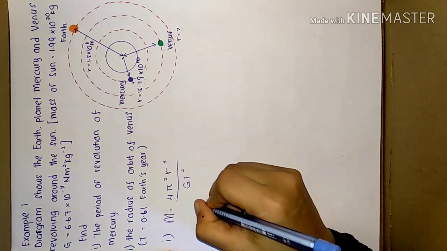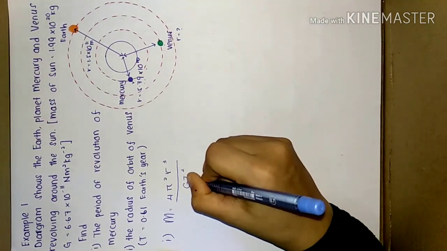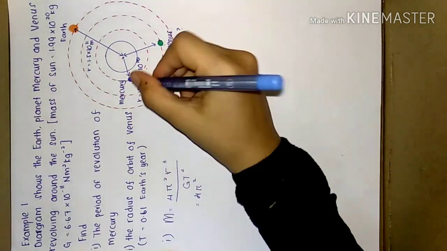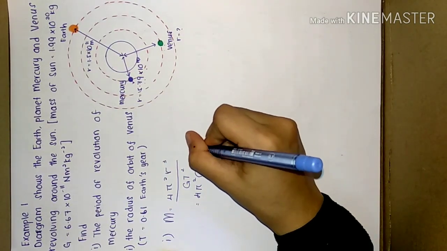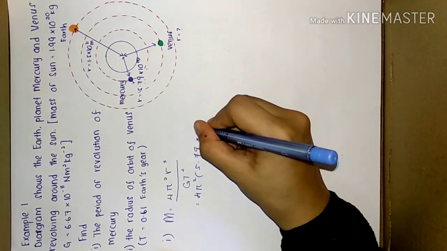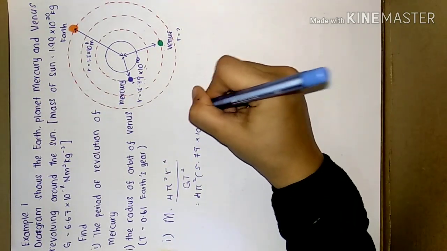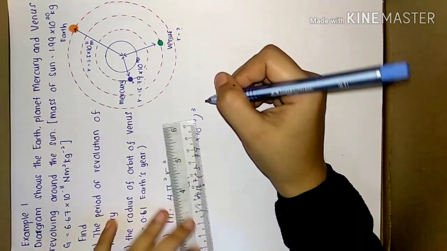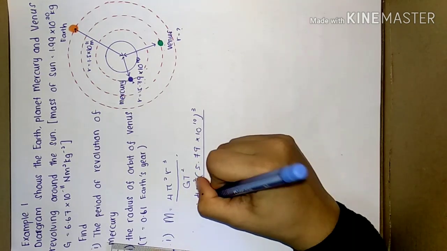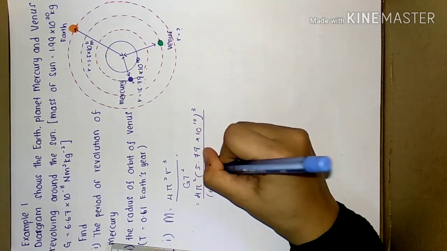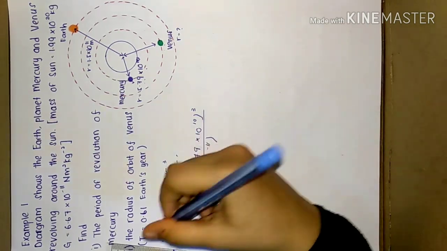We have 4 pi squared, and the radius is given here, 5.79 to the power of 10. Remember to put the power of 3 here. And G is the constant, which is 6.67 to the power of negative 11.